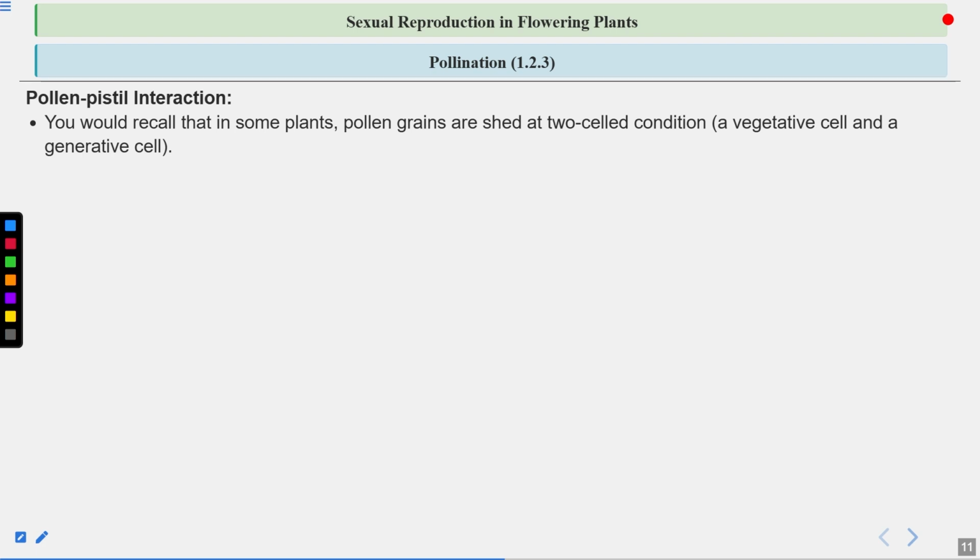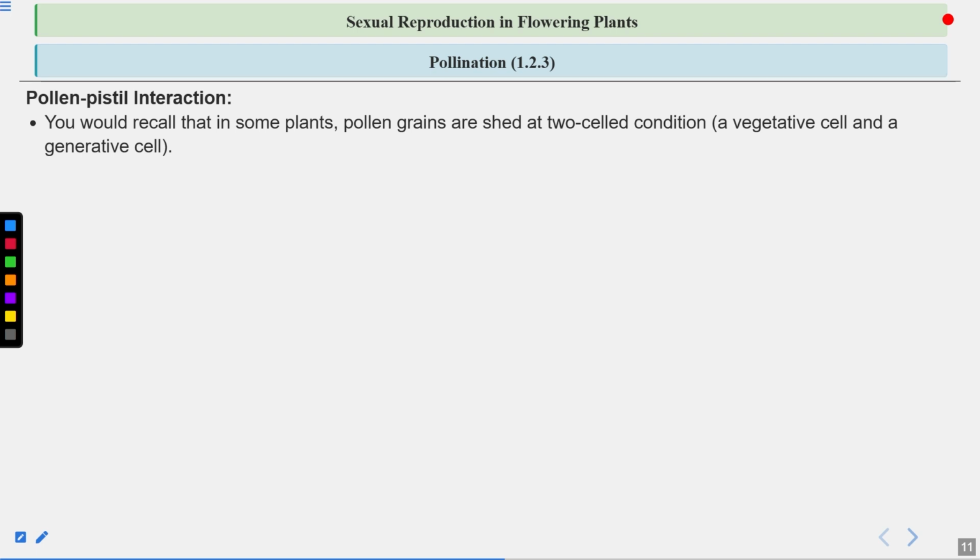Now, the second condition, the rest of the plants. What are the rest of the plants? 40% of angiospermic plants shed their pollen grains at the three-celled stage. How does this three-celled stage come? There is one generative and one vegetative cell.